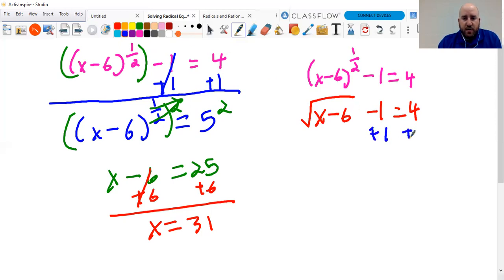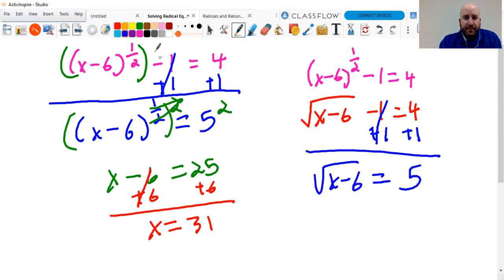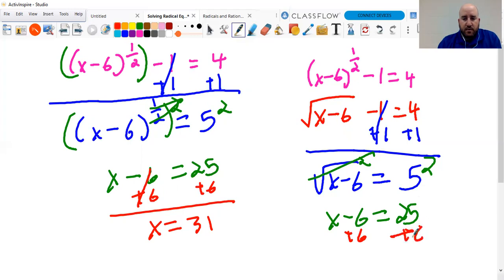Plus 1. Square root of x minus 6 equals 5. Square both sides. X minus 6 equals 25. Add 6 to both sides. X equals 31. So there's that.